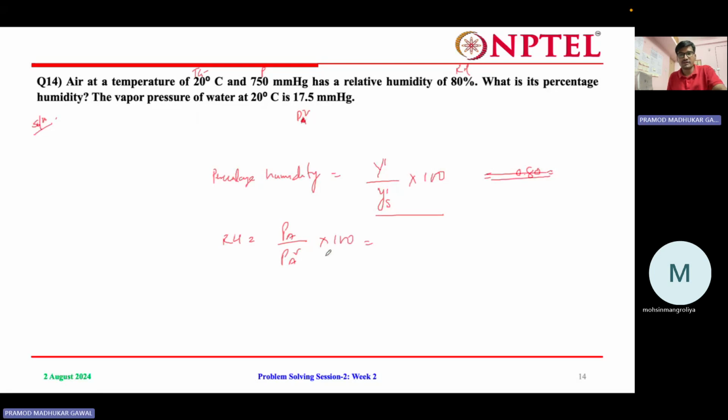So here the relative humidity is given as 80%, so you can write down 0.80 equal to PA by PV, right?